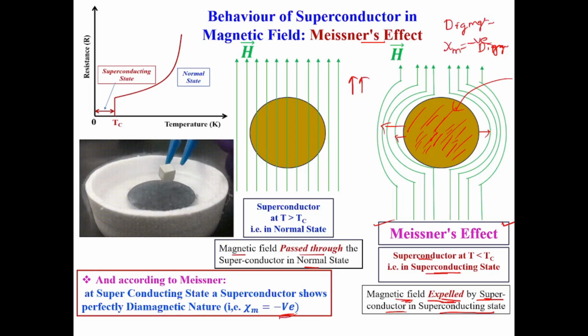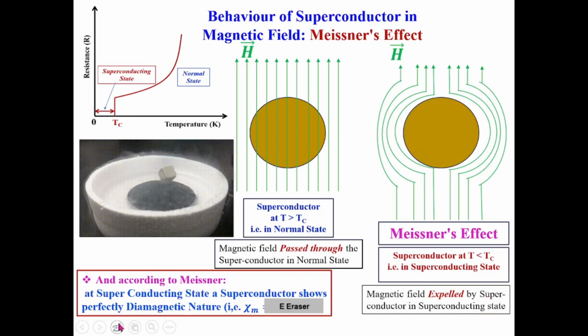I have written it here too: negative susceptibility means it will repel. Its characteristic is repelling the applied magnetic field. So from Meissner's effect it can be concluded that a superconductor in the superconducting state shows perfect diamagnetic nature. According to Meissner, in the superconducting state a superconductor shows perfectly diamagnetic nature, or the magnetic susceptibility is negative.